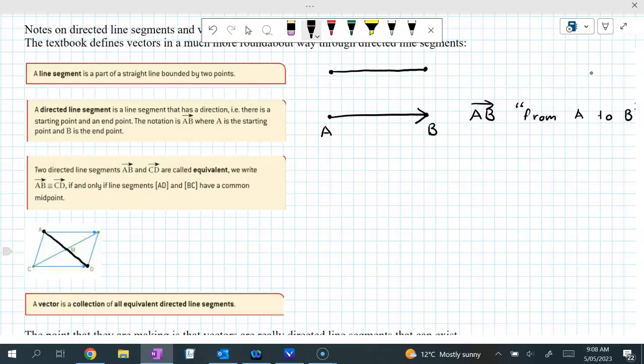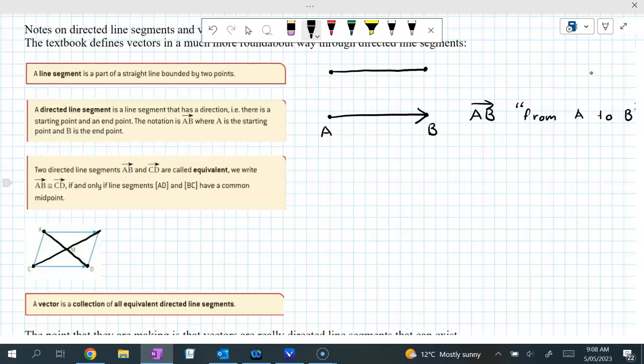And then from the start of CD to the end of AB is my line segment BC or CB. It doesn't matter which, because we're just talking about a line segment in these cases, not a directed line segment. If they have a common midpoint, then that means that AB is equivalent to CD.